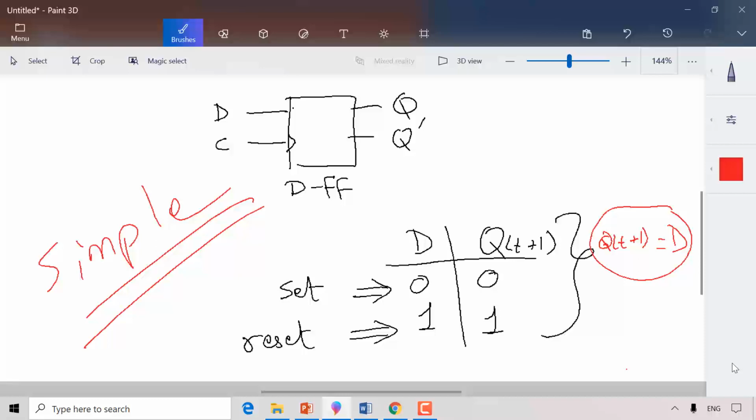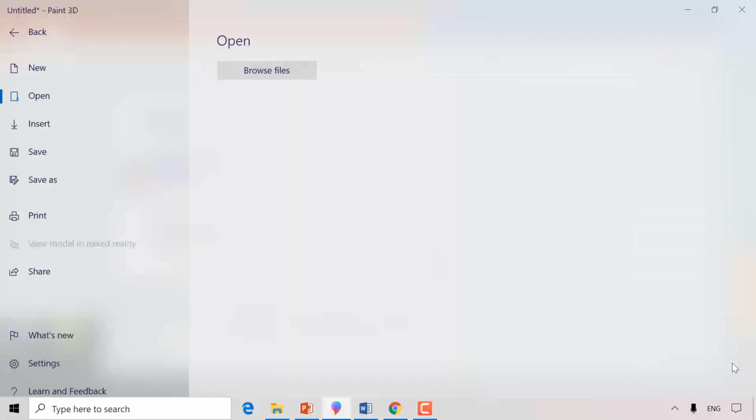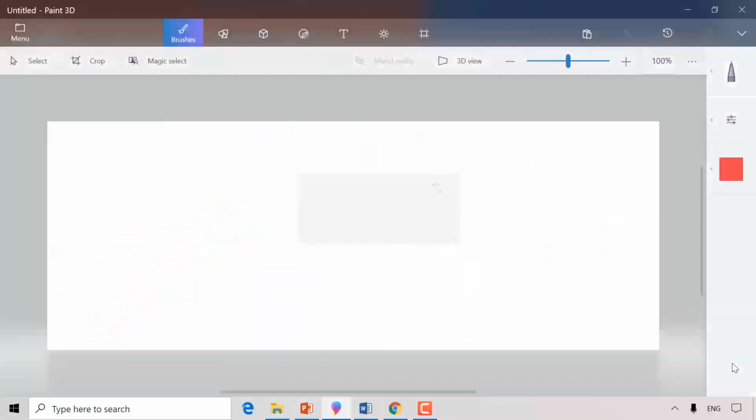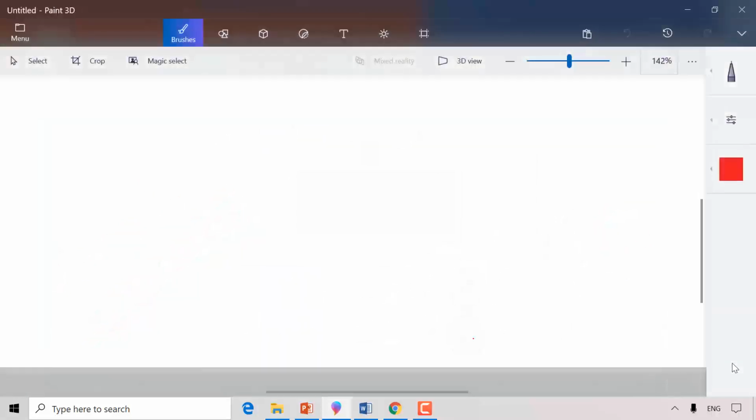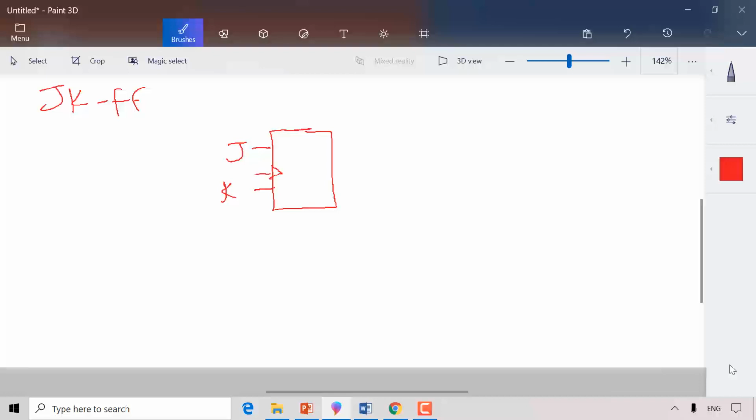The other type of flip-flop is called JK. So here is the JK flip-flop. It has inputs J, K, and here is our clock.